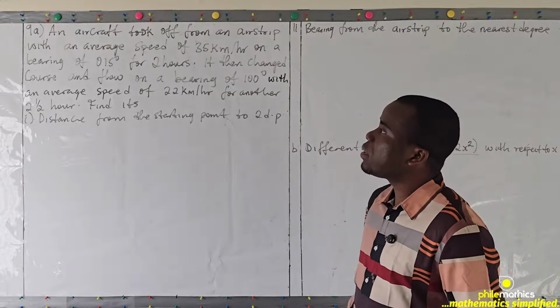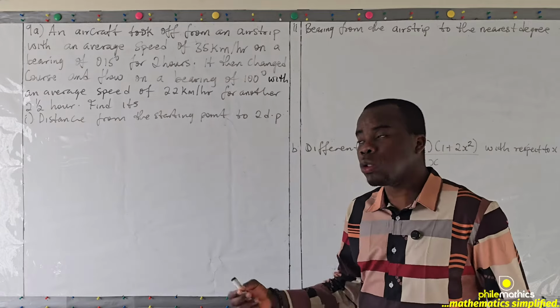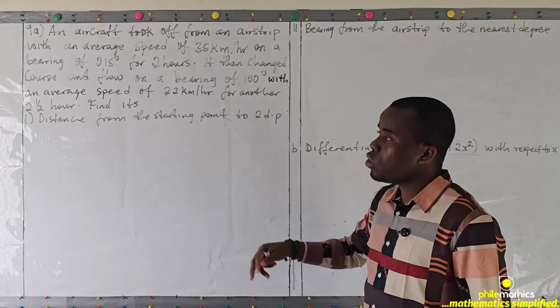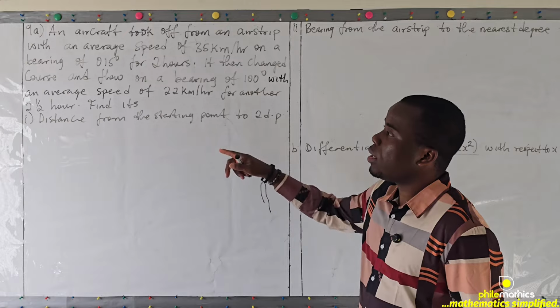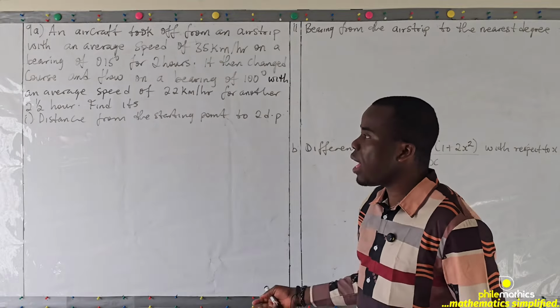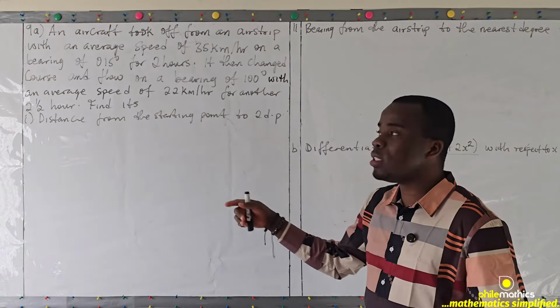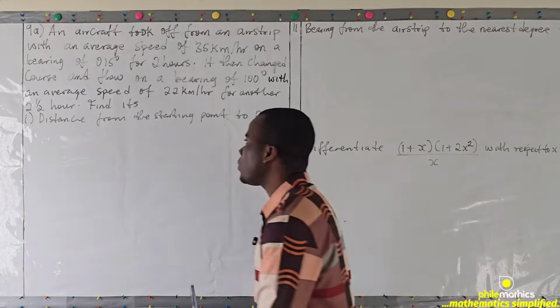Now notice that we are given the speed and the time, but we are asked to look for distance. So it will be appropriate if we calculate the distance from the speed and time we know, and then use it with the diagram to determine the distance from the starting point to 2 decimal places.